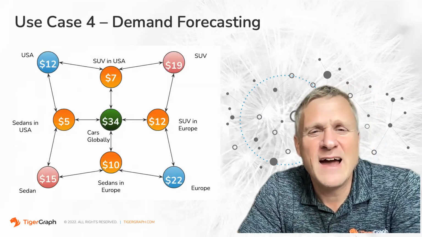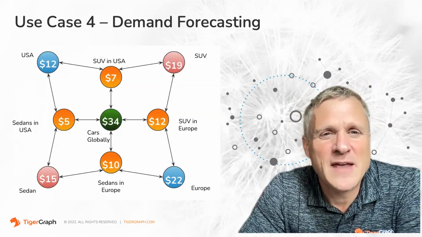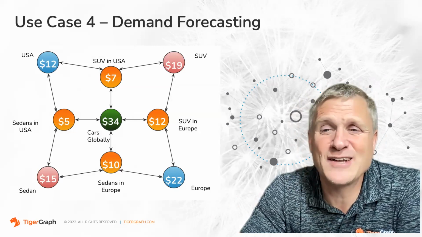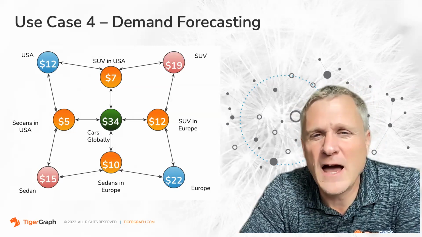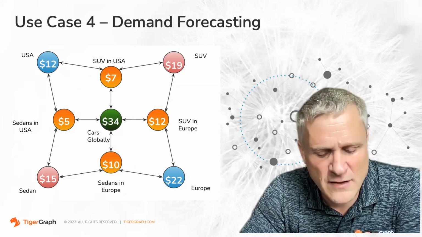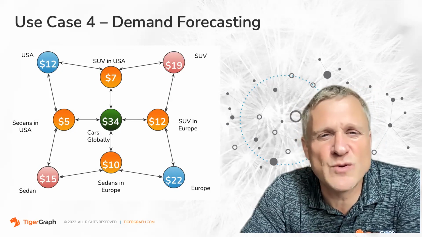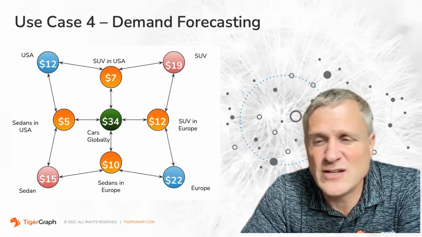And then finally, demand forecasting or integrated business planning. I think in the first talk we showed you something a bit like this, but this is a different one for cars. Imagine you want to forecast the number of SUVs you want to sell in the USA, the SUVs in Europe, sedans in the USA and Europe.